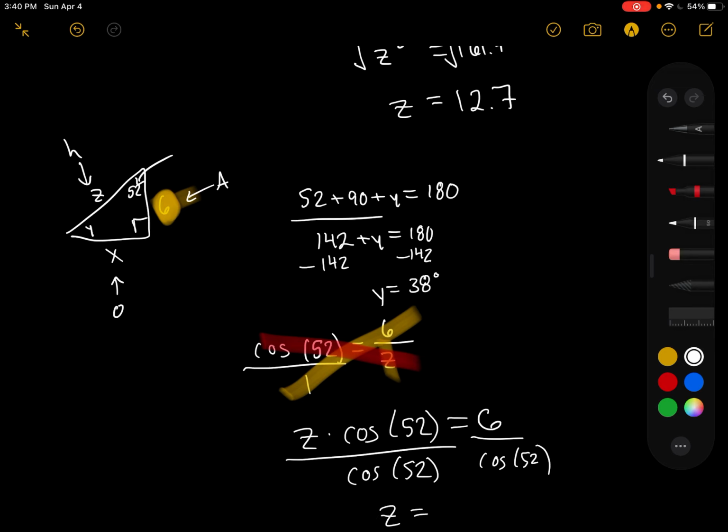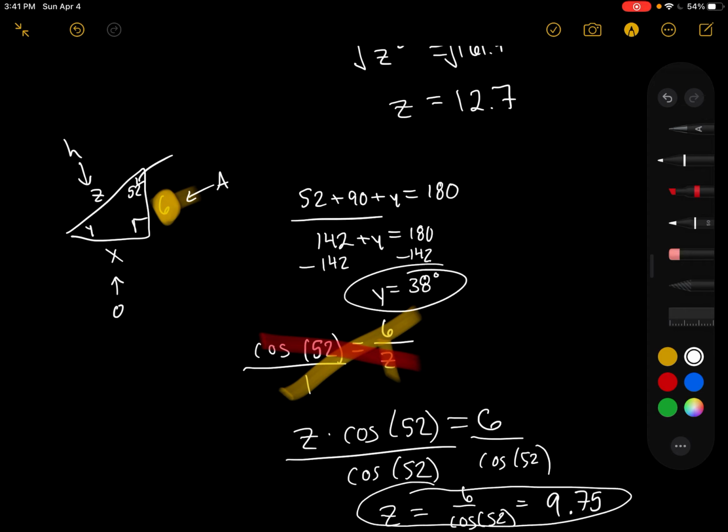Divide by cosine of 52 on both sides. We'll get our z answer of z equals 6 over the cosine of 52. Or we can put that in as 6 over, do it all in the calculator in one step. Make life easier. 9.75.